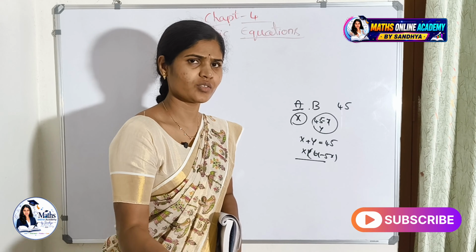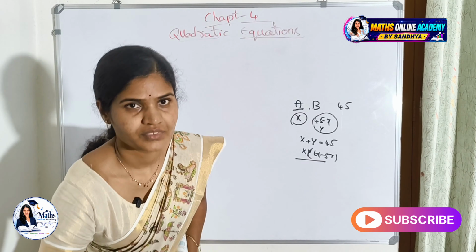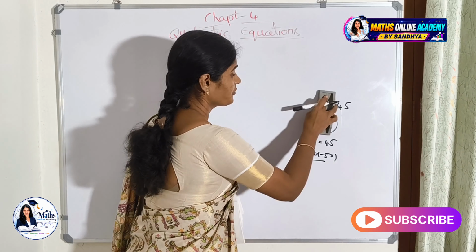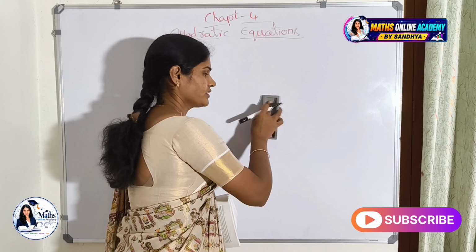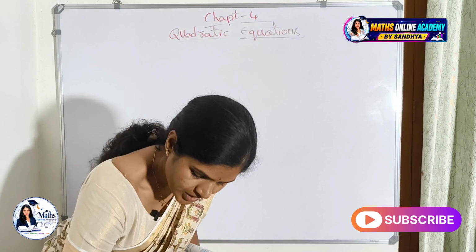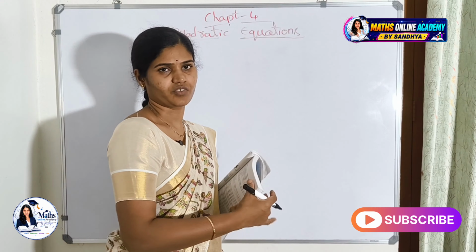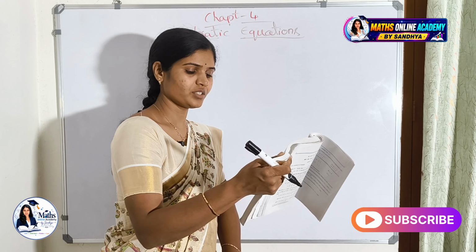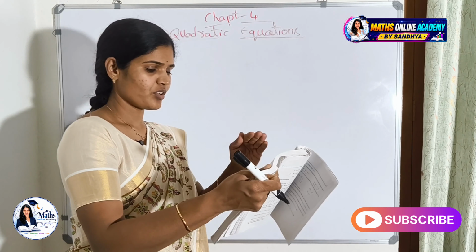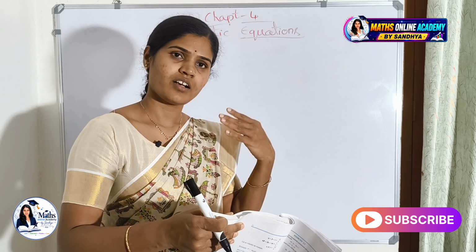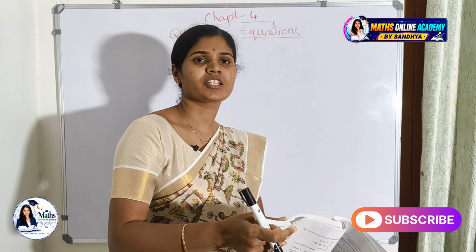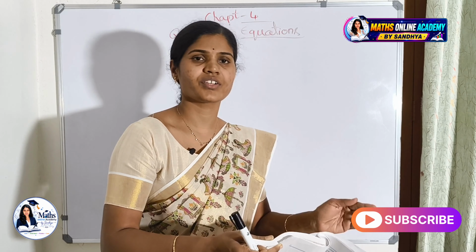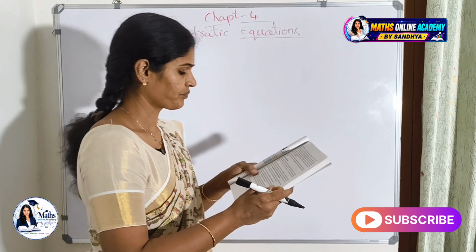When you see a question, you realize whether it is in the form of a pair of linear equations or a quadratic equation. After solving some problems, you will get to know which is which.